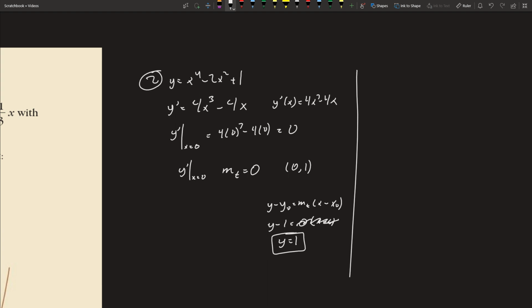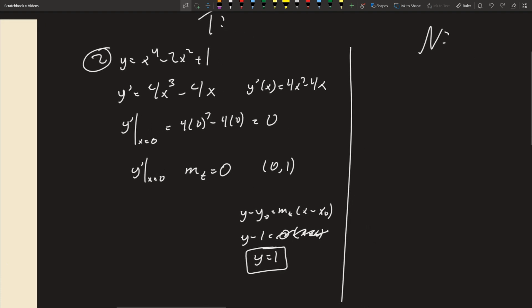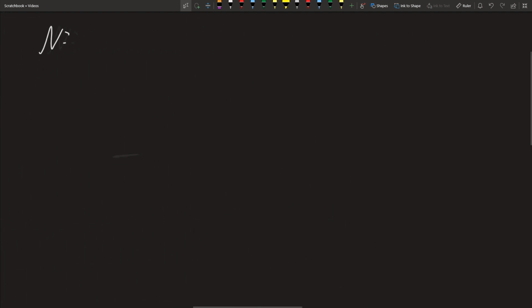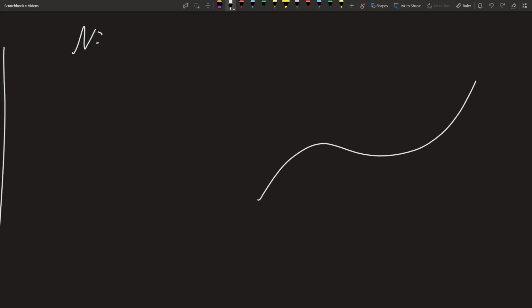Now for the normal. We already have most of the information. We have the derivative, we have the slope of the tangent. Now, remember we have this curve. This is the tangent. Now, the normal is this line. It's perpendicular. What do you know about perpendicular lines?